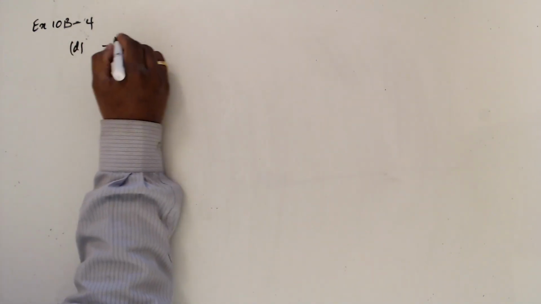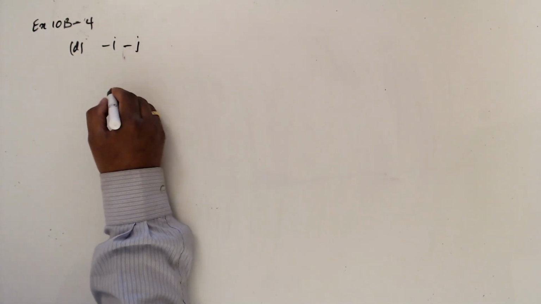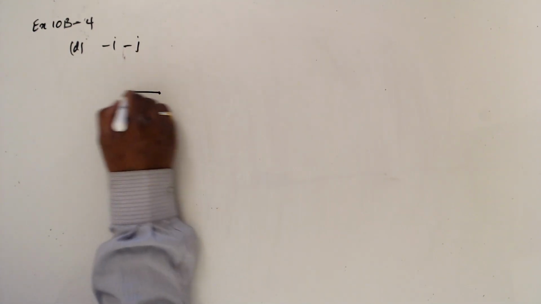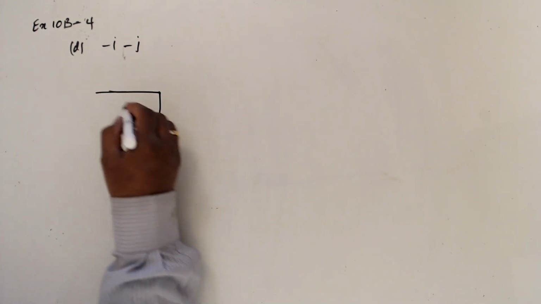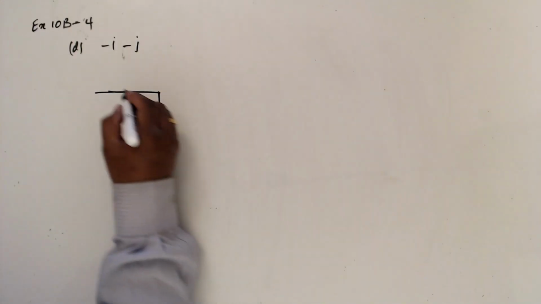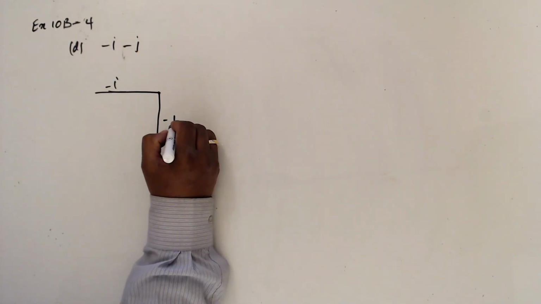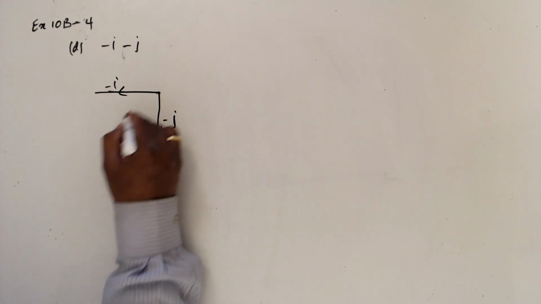D is minus i minus j. So this is the particle, and this is minus i, and this is minus j. So it's going to be this direction.